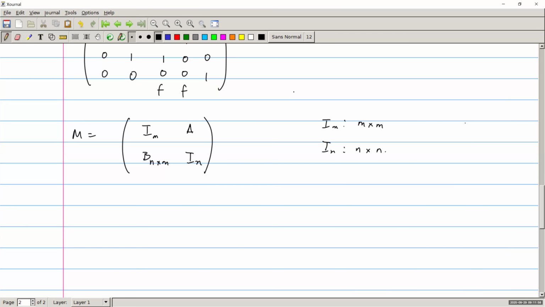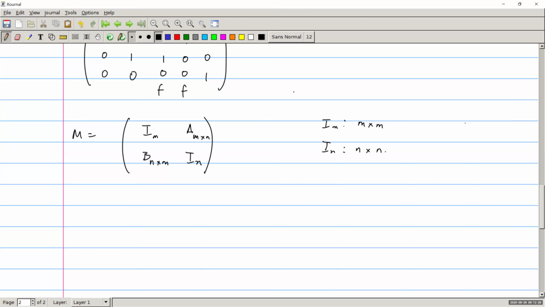How many rows should A have? A covers the same number of rows as this identity matrix, M. And how many columns does A have?